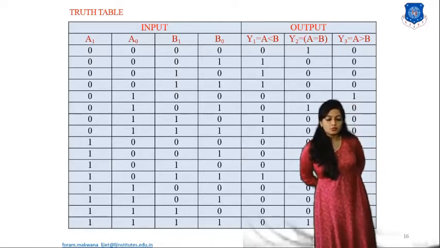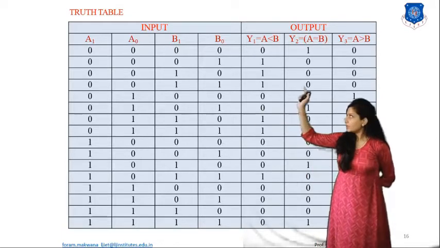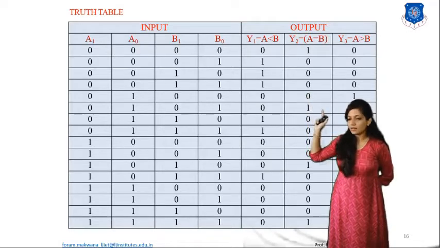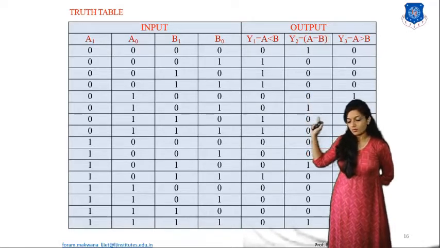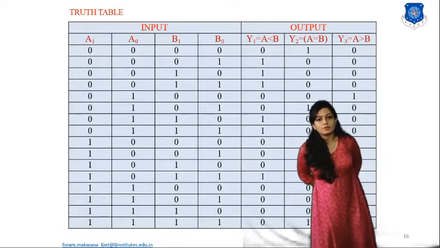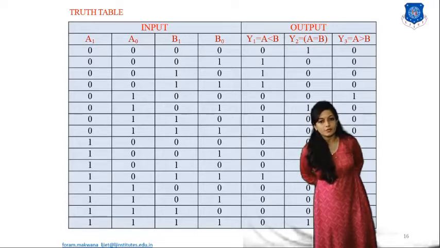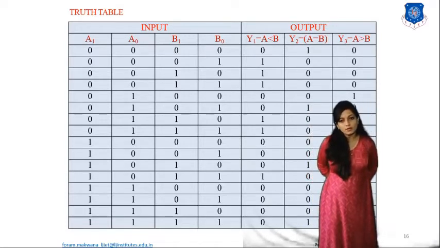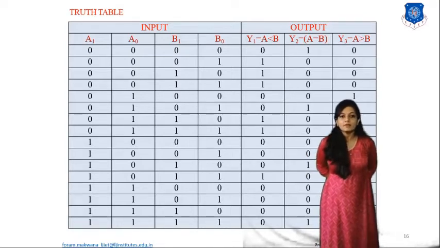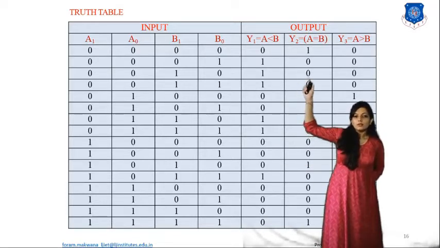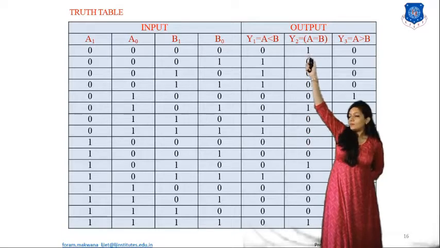So starting from 0000, 0001, 0010, up to 1111. We are going to compare first A1 with B1. If both are equal, then we compare A0 with B0. And if these both are equal too, then this y2 becomes 1.